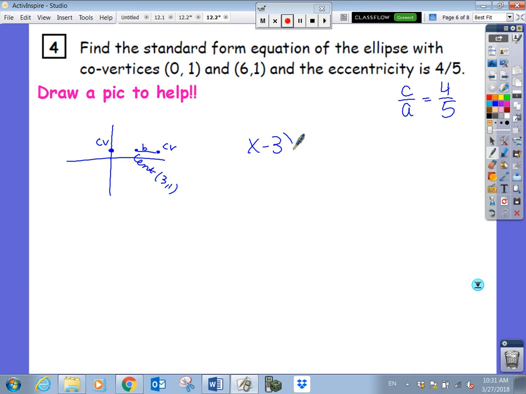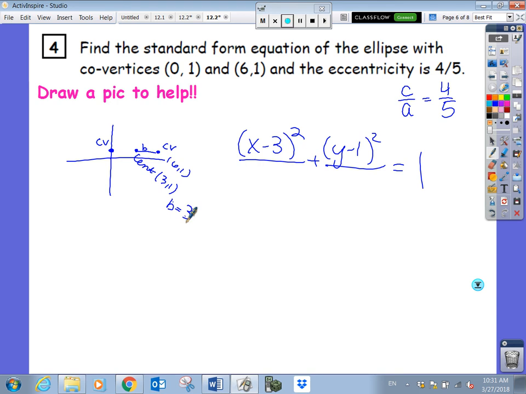So we know x minus 3 squared over something, y minus 1 squared over something equals 1. And we can figure out what b is, since we know the center is 3, 1 now. So from 3, 1 to 6, 1, that gives us information that b is equal to 3.